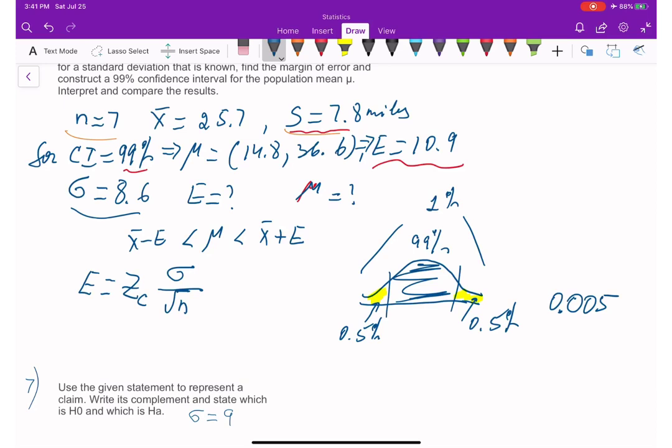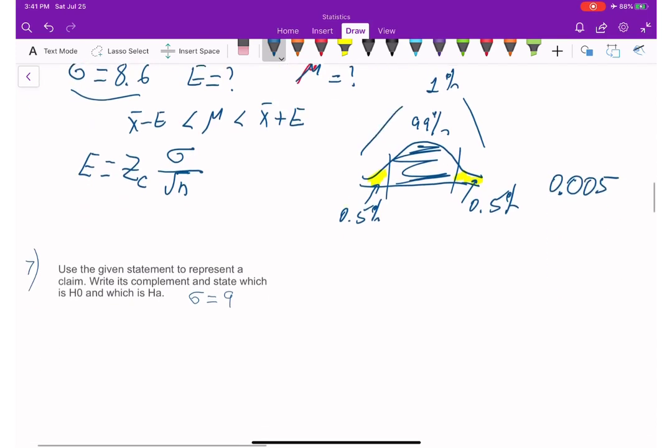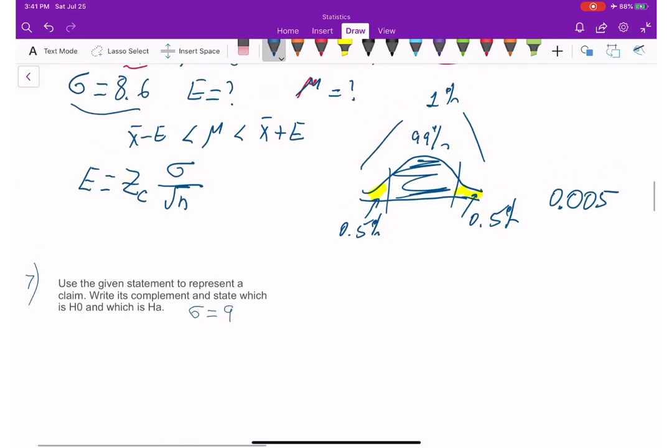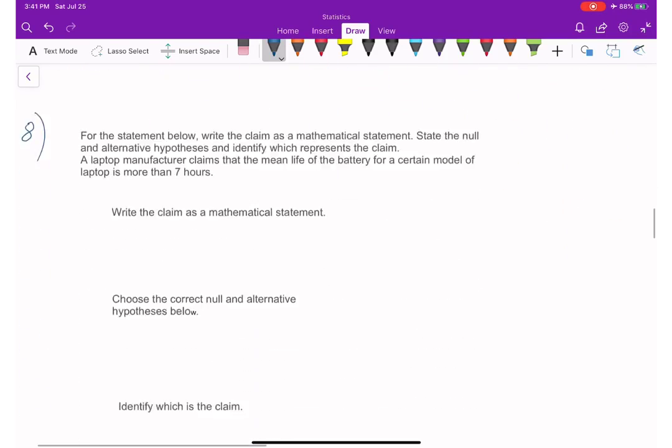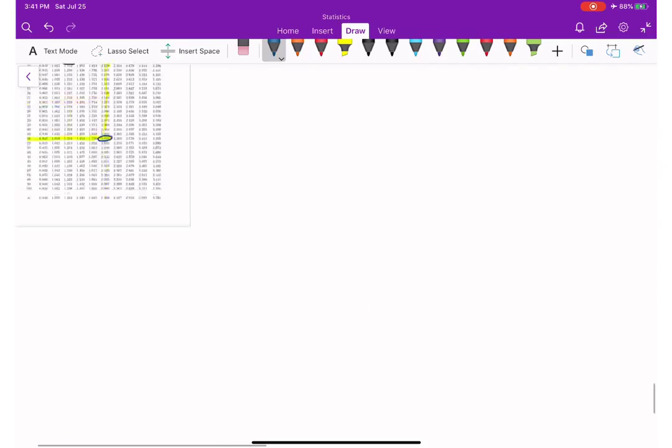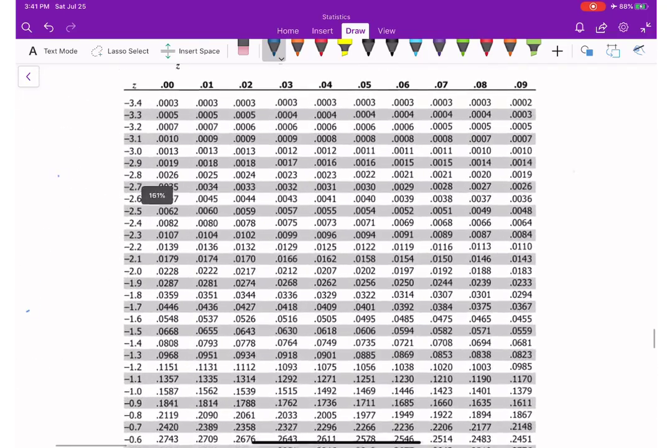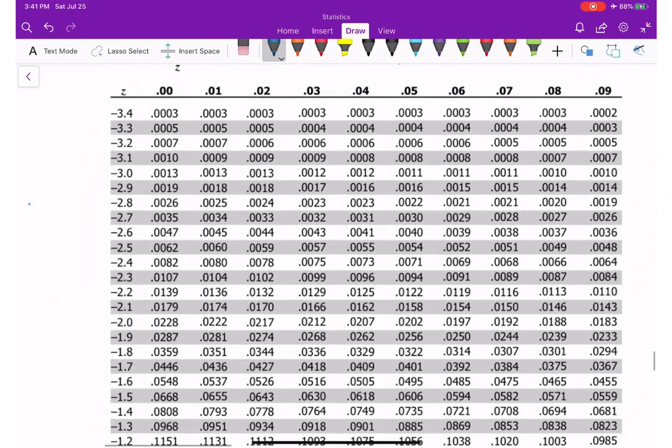Okay, let's go to our z-score table, and I'm going to the negative z-score because this is less than 50%. 0.005. Here we have 3 zeros. We need 2 zeros. Here it is 0.005, right here. That's going to be negative 2.5.